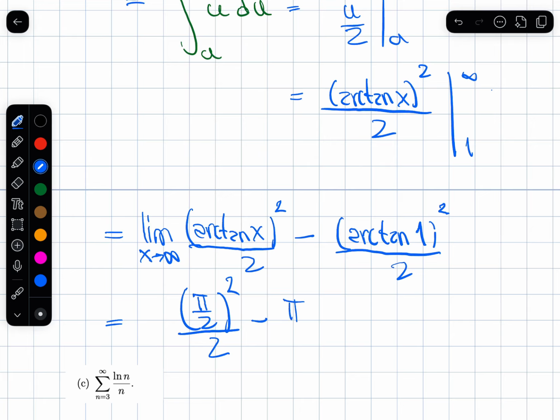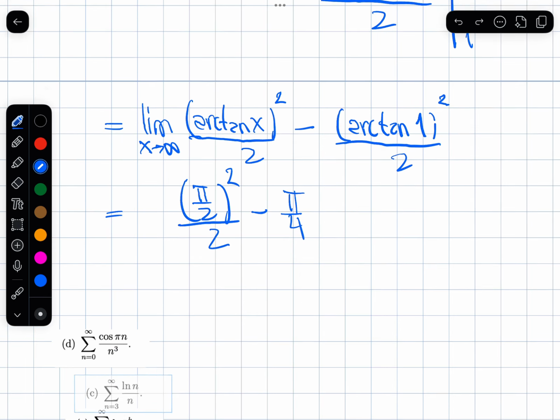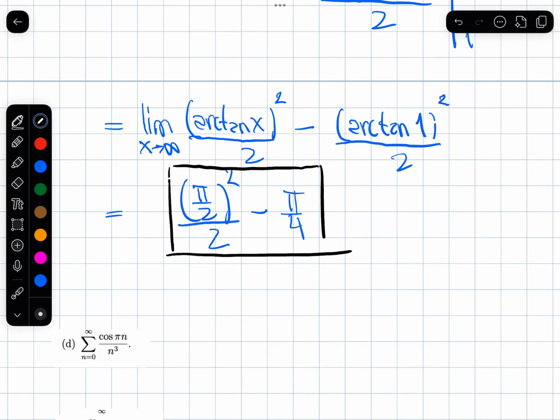And so that will be pi over 4. Do I care about simplifying this? No, I do not care about what this is. All that I need is to be able to use the integral test, and all it asks for is that this is a number. As long as it's not infinity, I'm good. So I can say this, and so the series converges.